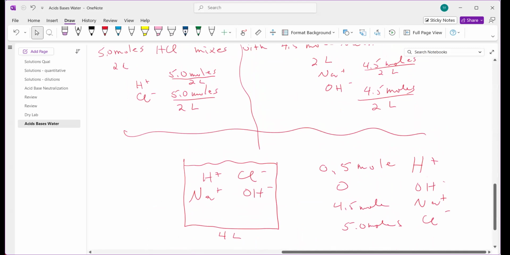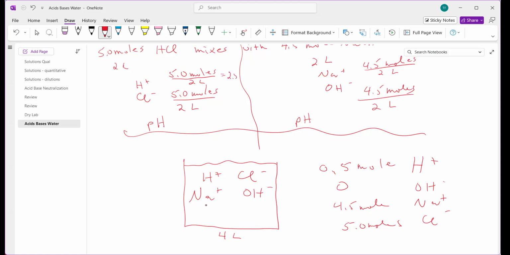So let's talk pH now. What's the pH of our starting solution? Well, we have to calculate concentration first. So 5 divided by 2 is 2.5 moles per liter.